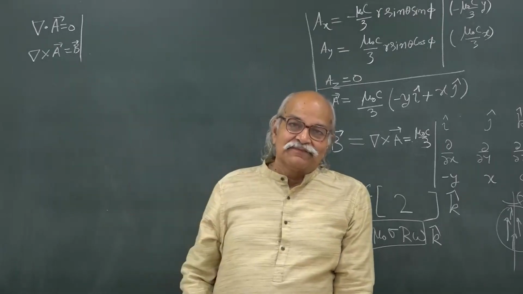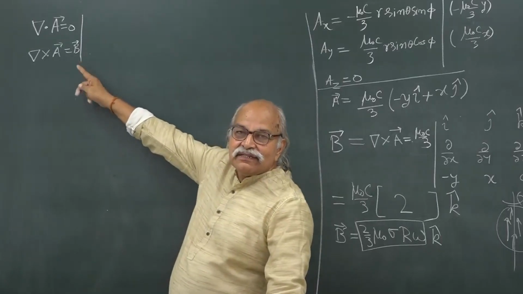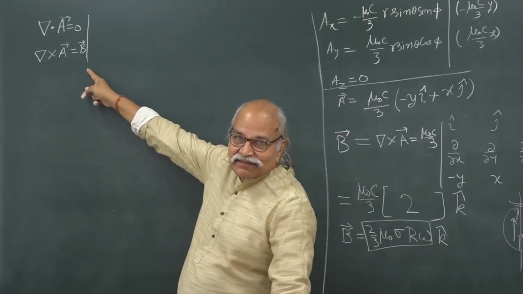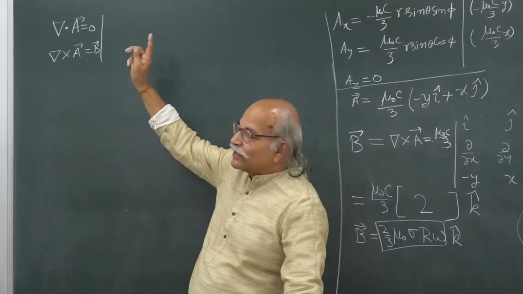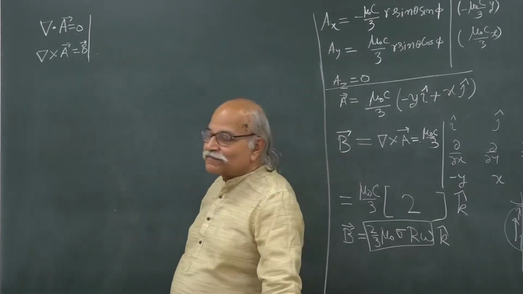So, we know that anyway. So, once we know these two, the field is uniquely specified in the entire region for which you are doing this. So, that is why if you can handle these two, it is sufficient.